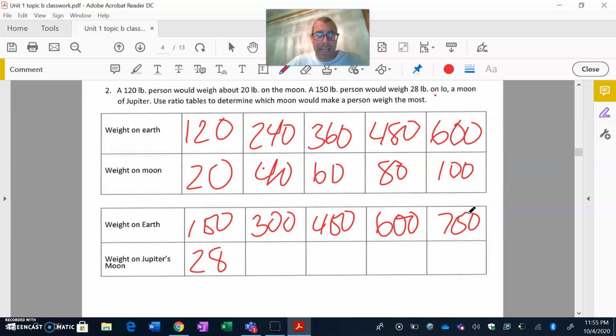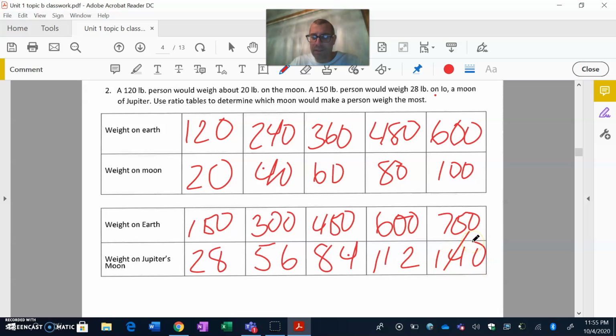And then repeat addition with 28. 56, add another 28 on, 84, add another 28 on, 112, add another 28 on, 140. All right. So the whole point of this is let's find numbers that match up.